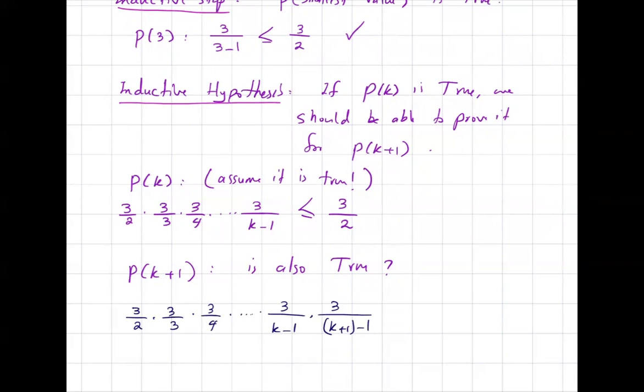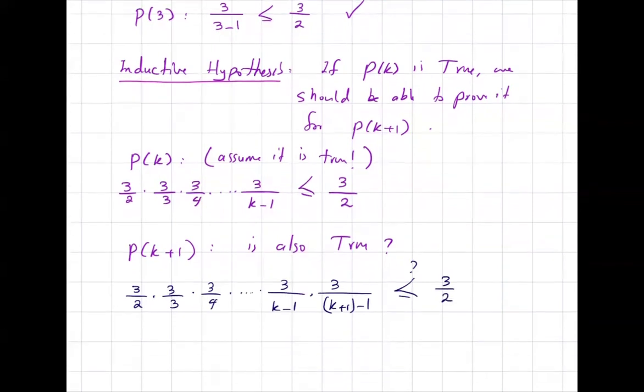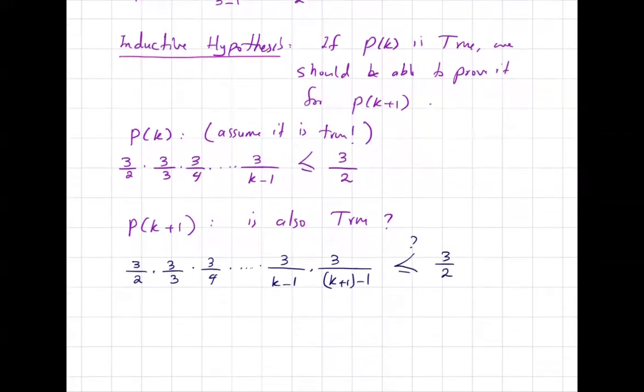Is this also less than or equal to 3 over 2? Well, let's see. The very first multiplication here, between 3 divided by 2, 3 divided by 3, 3 divided by 4, up to 3 divided by k minus 1, indeed is less than or equal to 3 over 2.